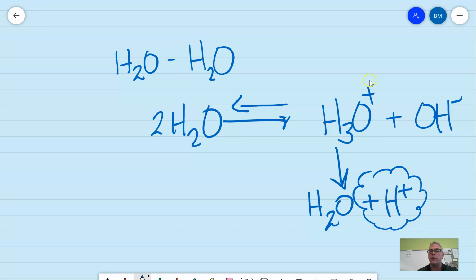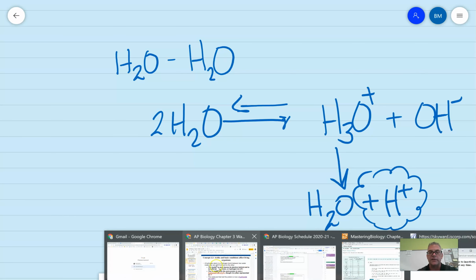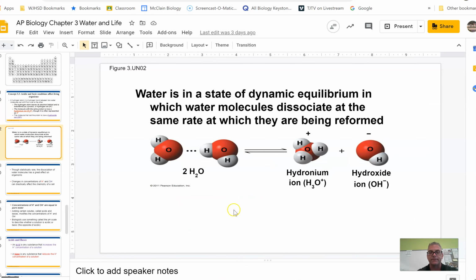So when you end up with H3O, that's going to have the capacity to release some of those extra hydrogens into the solution. So that becomes really critical when we start moving into some of the other processes throughout biology that we're going to study.